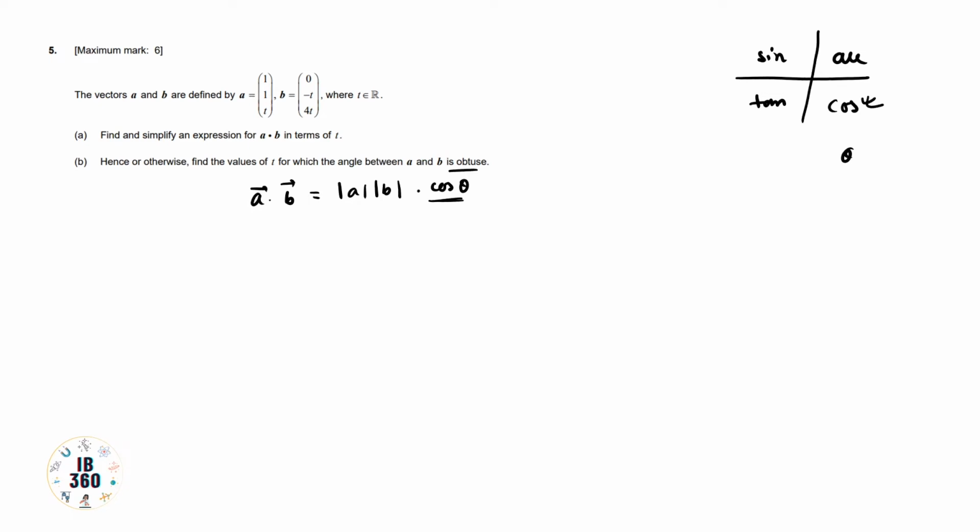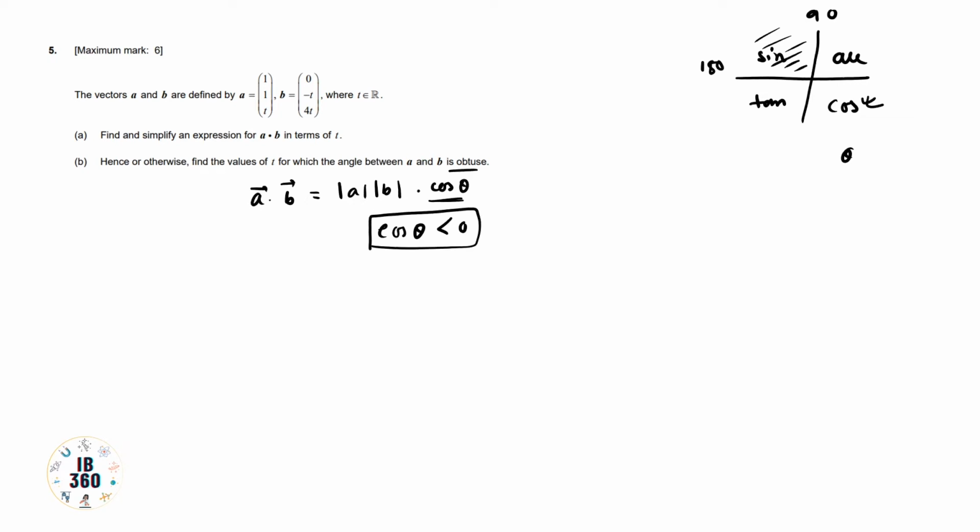Now an obtuse angle lies between 90 degrees and 180 degrees. So the obtuse angle is in this quadrant. So obviously in this particular quadrant, all cos values will be negative. That's why we can write that cos theta will be less than 0.